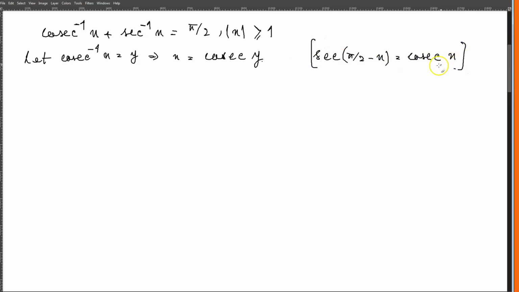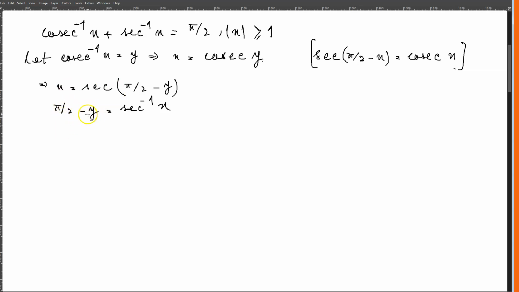And having that in mind, I can write x is equal to, instead of cosecant of y, secant of pi by 2 minus y. And so what that means is that pi by 2 minus y is equal to secant inverse of x. Take y to the other side, secant inverse to the other side.